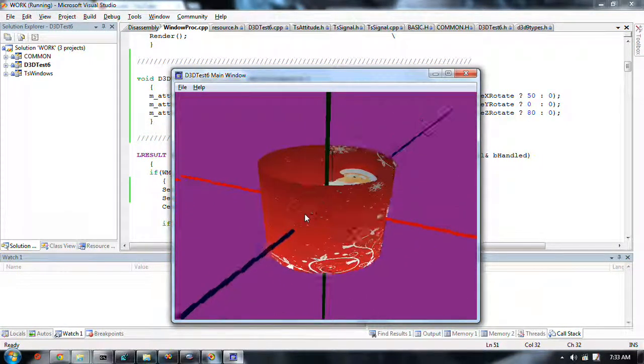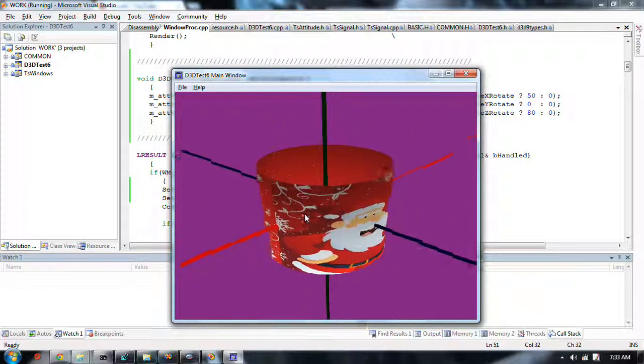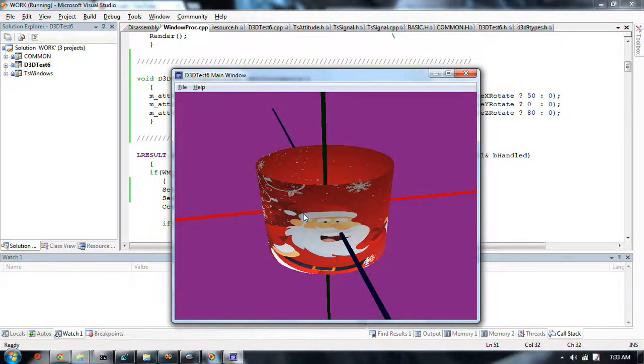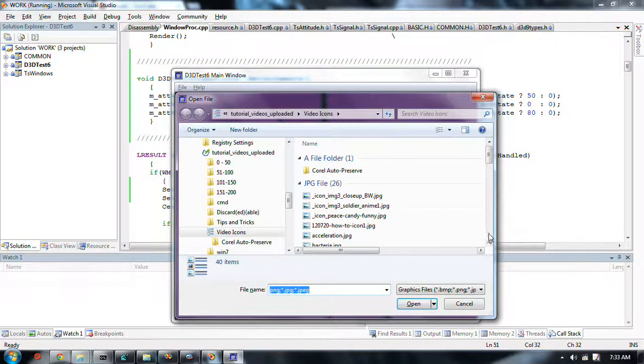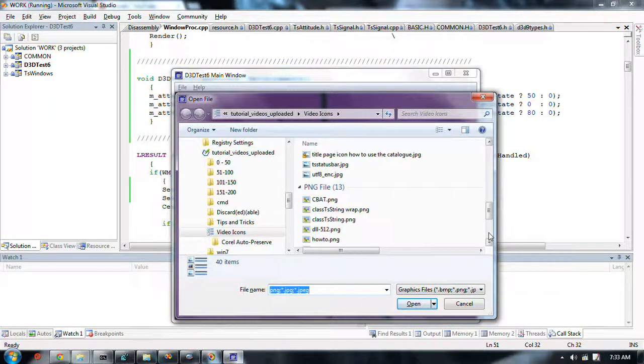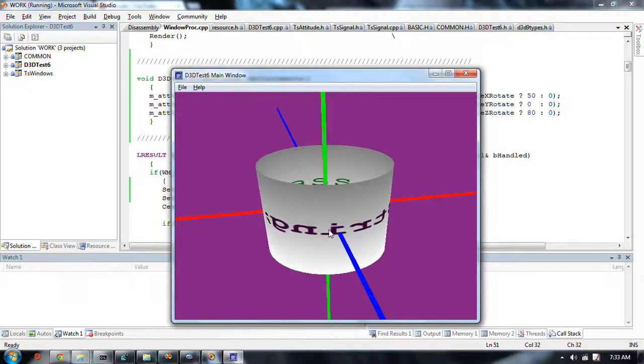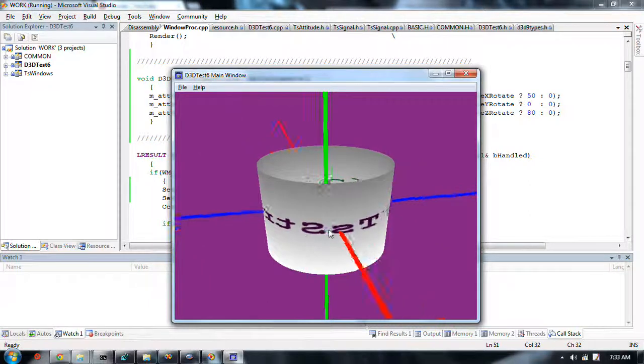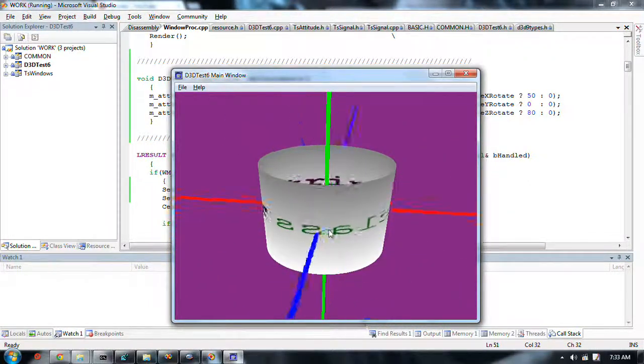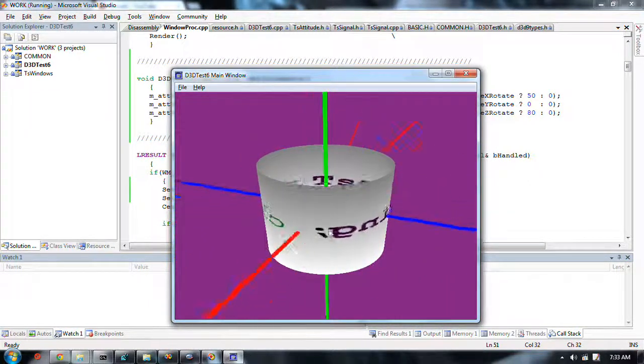I got some black. Well, Santa Claus is right side up. That's a JPEG. I think it's PNG. Yeah, that's upside down. It seems to load PNGs upside down.